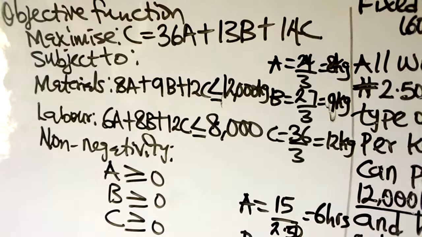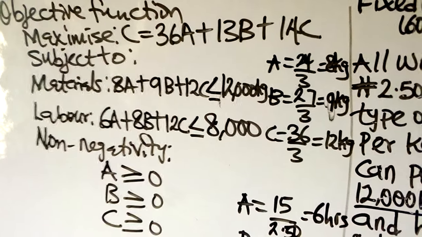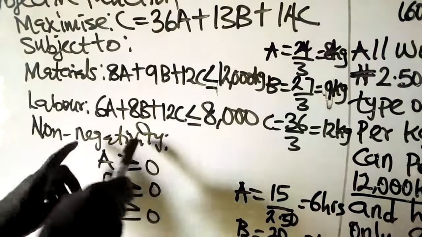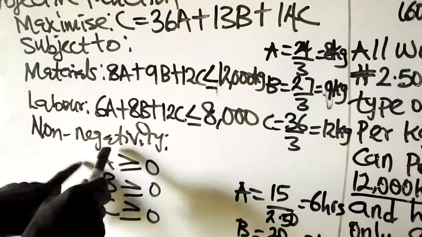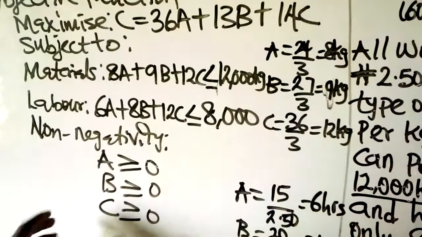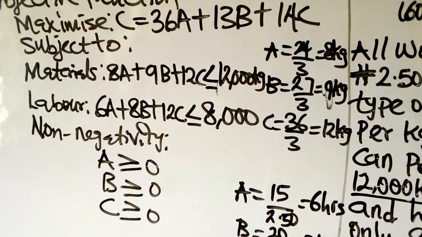That is for non-negativity. All the products you must have greater than or equal to 0, whether it is minimization or maximization. You can never have less than or equal to 0 in either case.